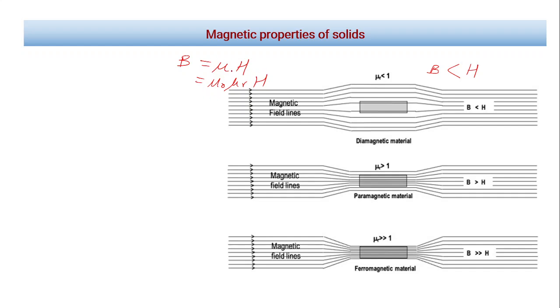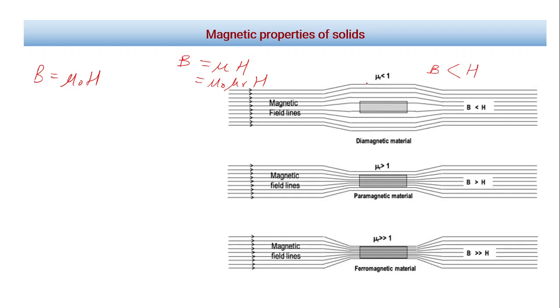In free space or in vacuum, mu naught will be the permeability of free space. Here, if we are talking about a material, then we can just replace it using mu.